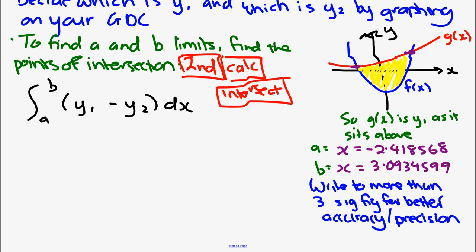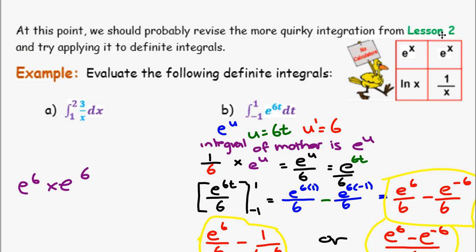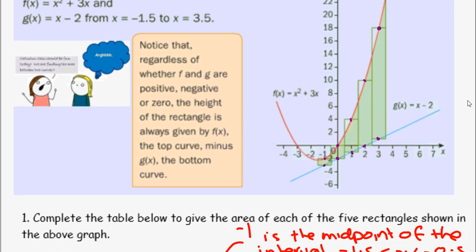Why can't the top function be y2? Because that just makes more sense to you. Yeah. It's 9, isn't it? It was because, remember when we did that investigation where we had the rectangles? Okay, back to here. When we had this one, to find the height, we always did the top y value minus the bottom y value.